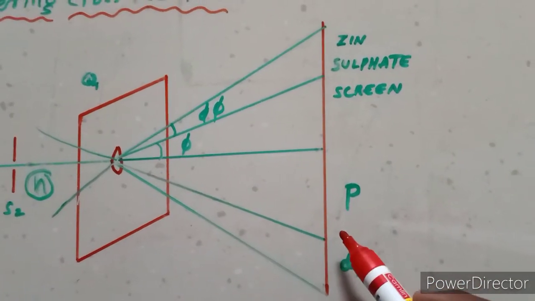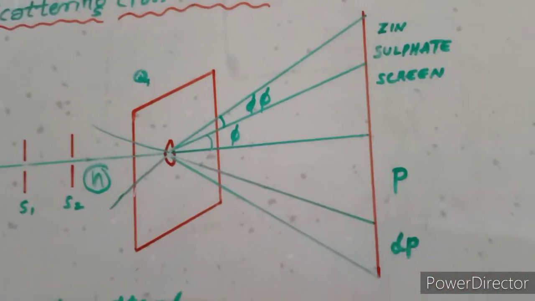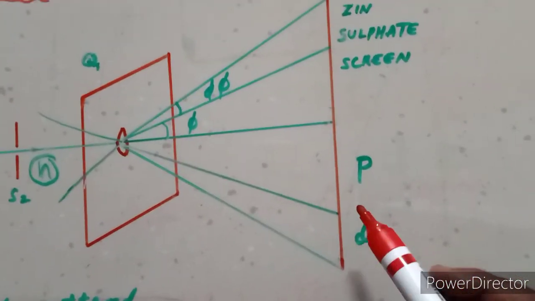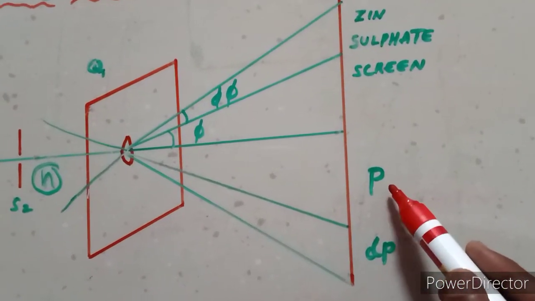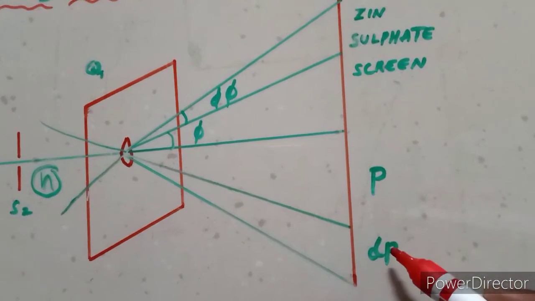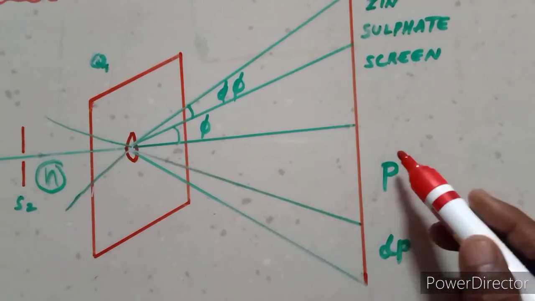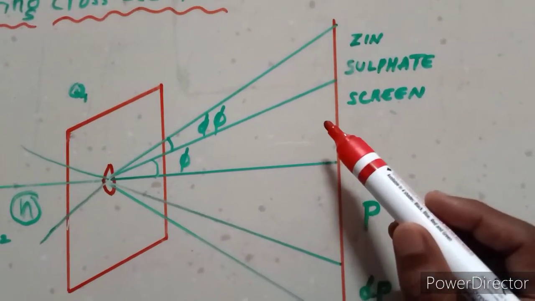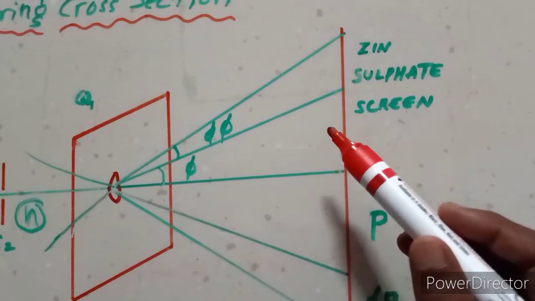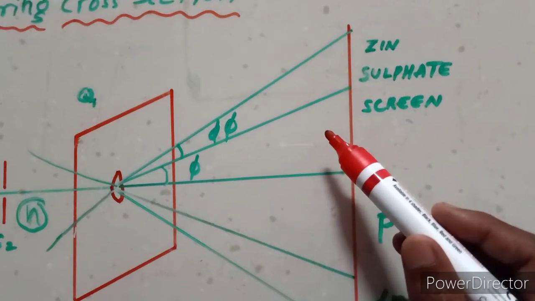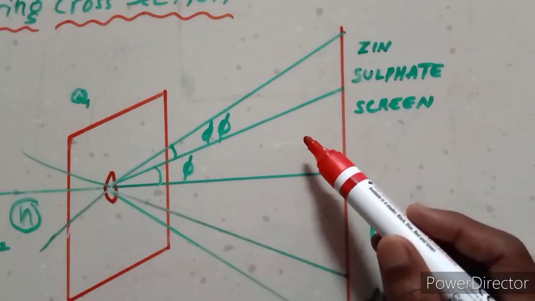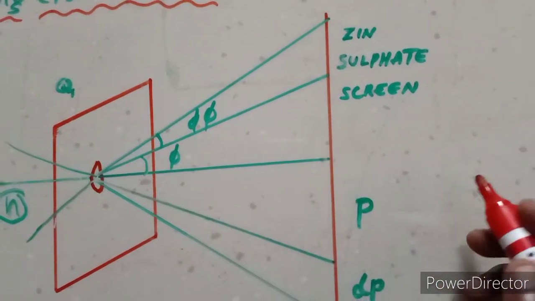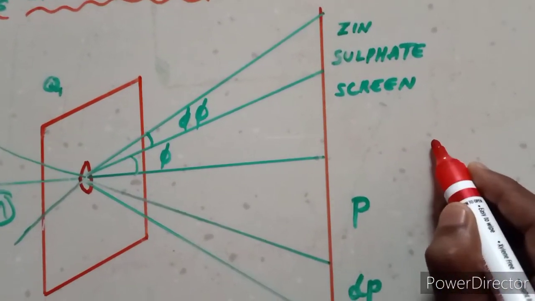From this diagram, the number of alpha particles scattered through p and p plus dp is equal to the number of alpha particles scattered through the solid angle phi and phi plus d phi, in the opposite direction. So equation 1 equals equation 2, in the opposite direction.